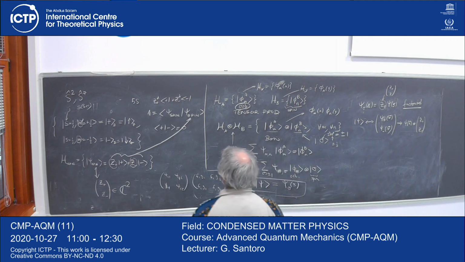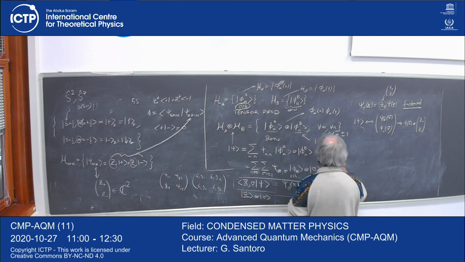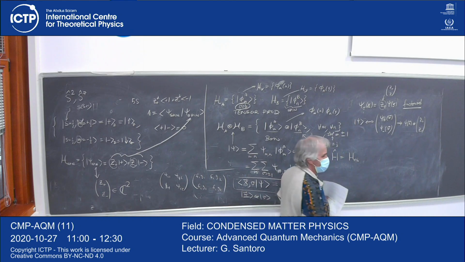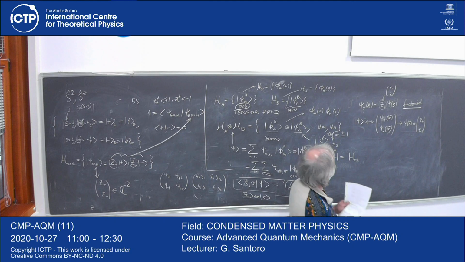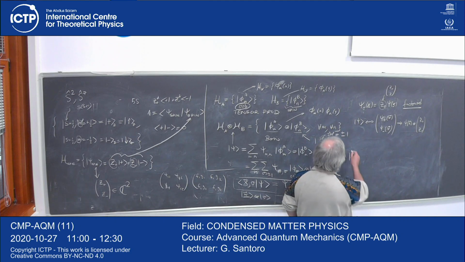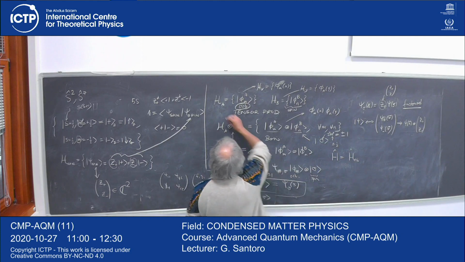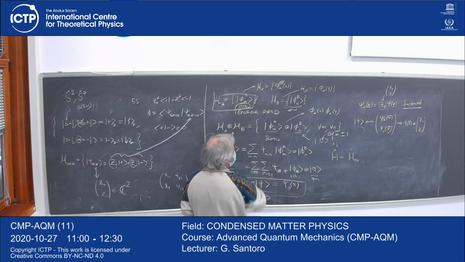Now, remember that so far we work with the Hamiltonian. For instance, I said that the orbital Hamiltonian, P squared over 2m. What is this? How does it act? This is an operator. Where does it act? Obviously, it does act on the orbital Hilbert space only, okay?